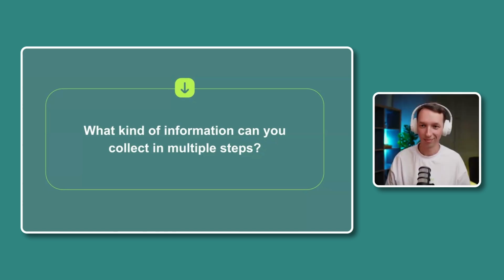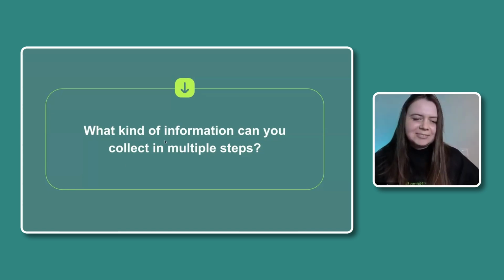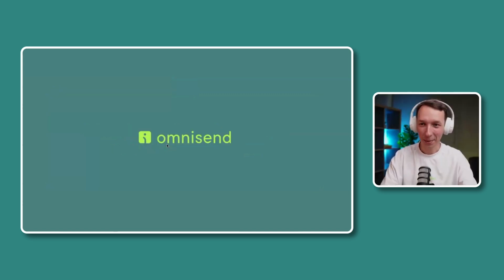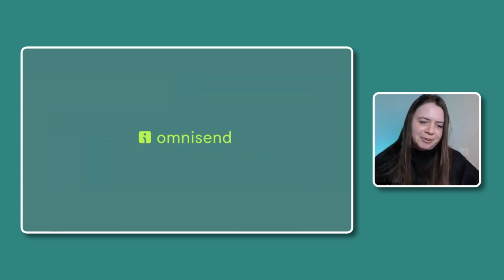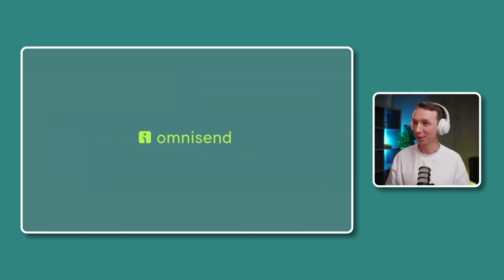You already have the email. Are you a dog or a cat person? Just pick one and you're good to go. Yeah, and of course you can send a totally different email from a dog to a cat person. Of course, of course.